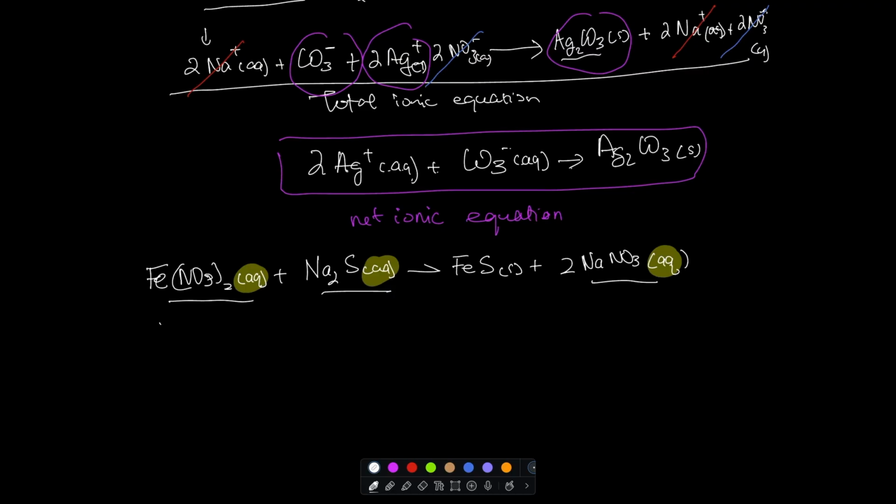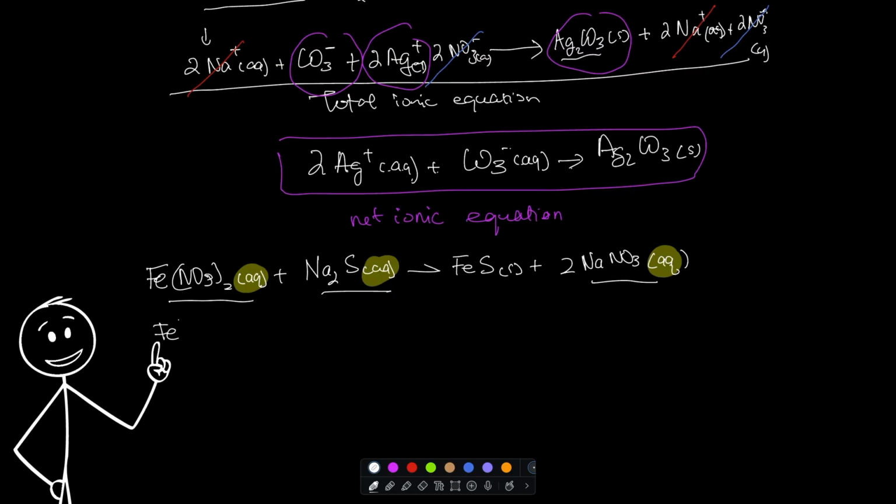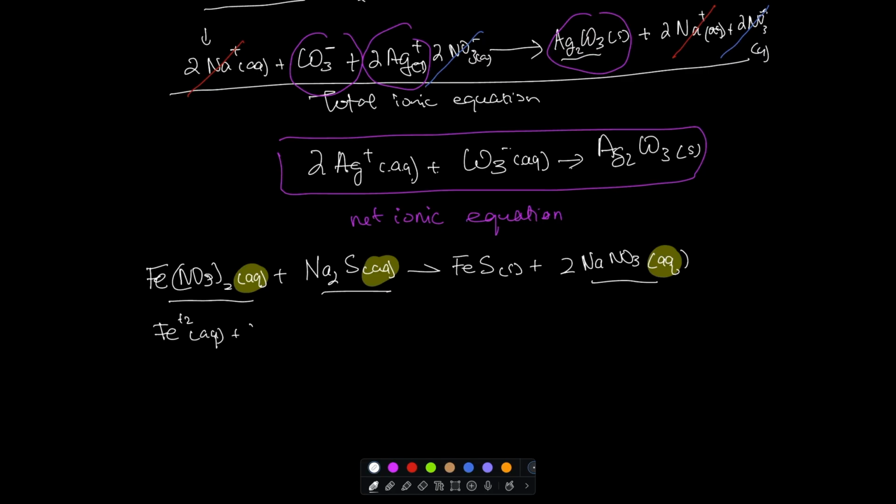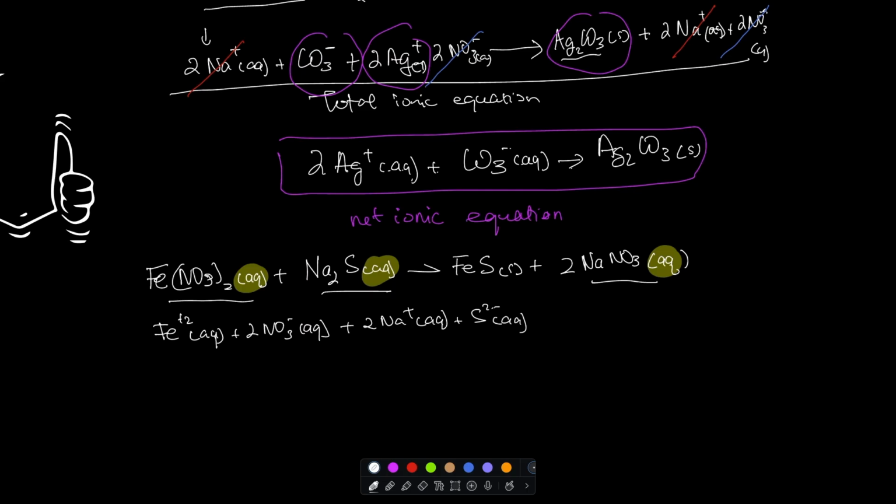So let's do that. So we have iron 2 plus aqueous plus 2 NO3 minus, that's aqueous also, plus 2 nitrates, that's aqueous, plus S2 minus, which is aqueous. Very good.